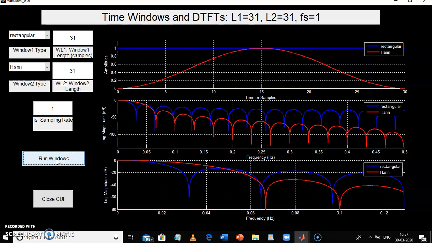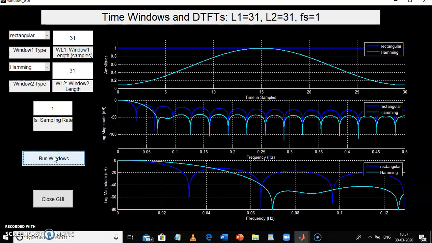So it goes from 0 to minus 50 dB to minus 100 dB, and it goes from 0 to around 0.5 normalized frequency on the x-axis. So what you can see is that the frequency suppression capability of a rectangular window is much less than that of a Hann window, and likewise I can do it for a Hamming window.